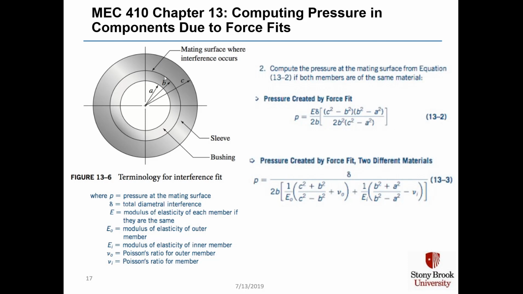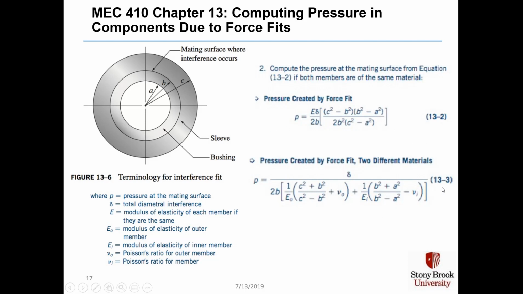The equations we have assume that the sleeve and bushing are made of different materials, and therefore we have a different modulus of elasticity for the inner and outer member, different Poisson's ratio. The pressure created by the force fit is shown here in equation 13-2. The pressure created by the force fit using two different materials is shown in equation 13-3.